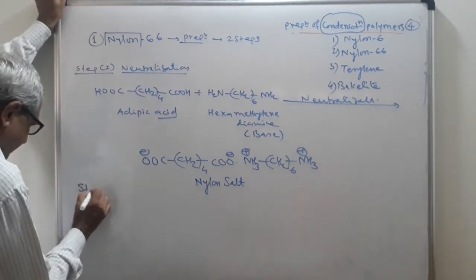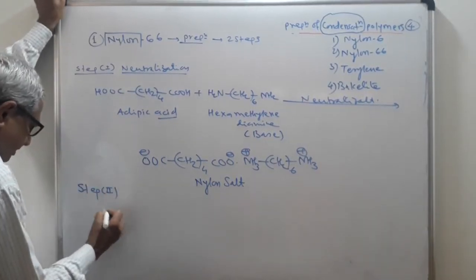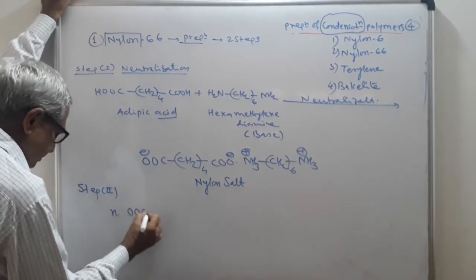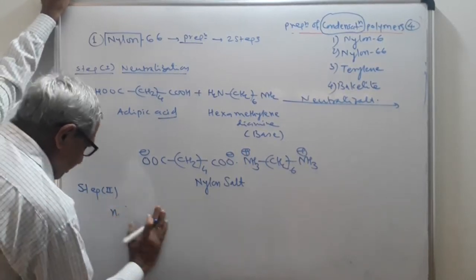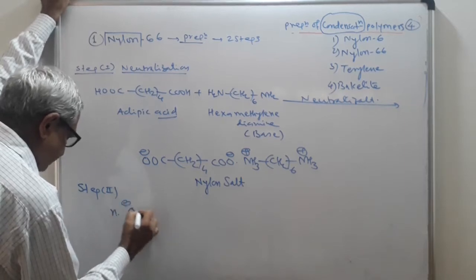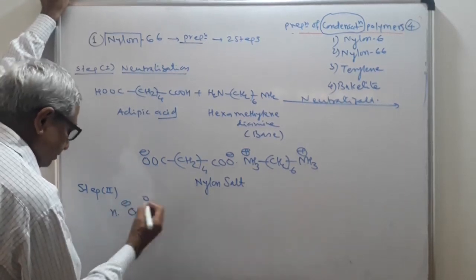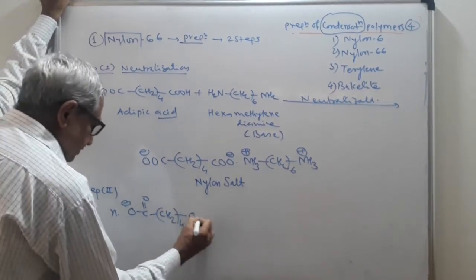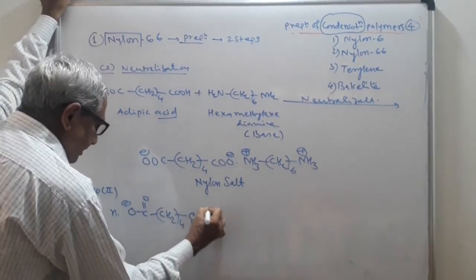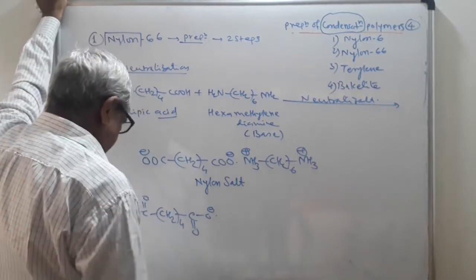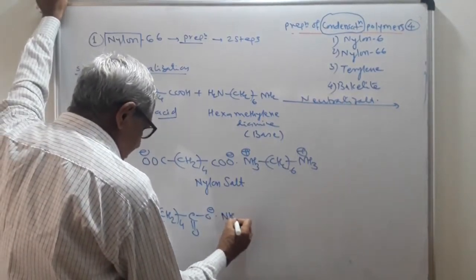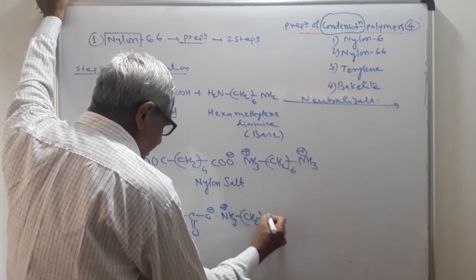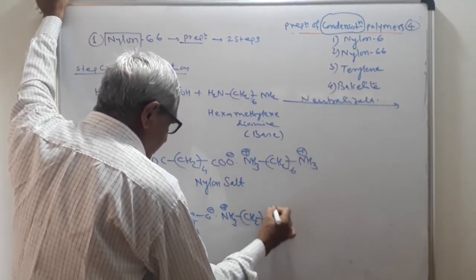In the step second, take N molecules of the nylon salt: O minus, C double bond O, CH2 4 times, COO minus, then here NH3 plus, CH2 6 times, NH3 plus.